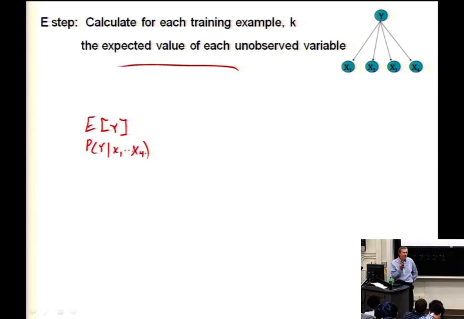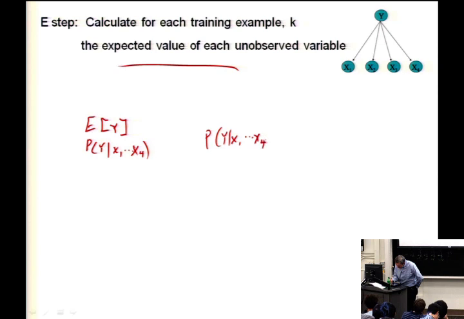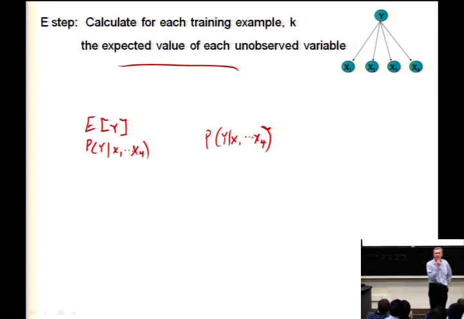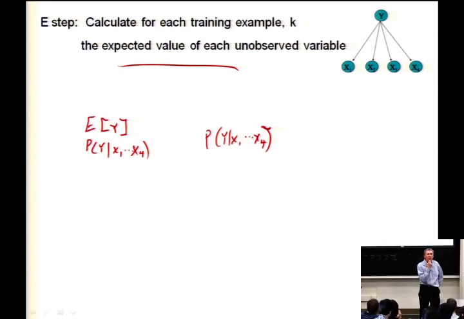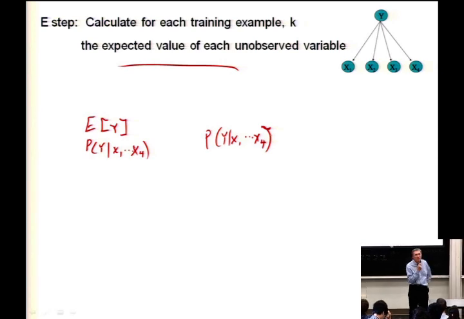Oh, that's easy, right? Can we read that right off the conditional probability entries in this Bayes net? Is that one of the thetas that's already in the Bayes net?